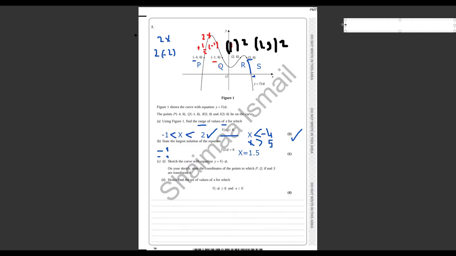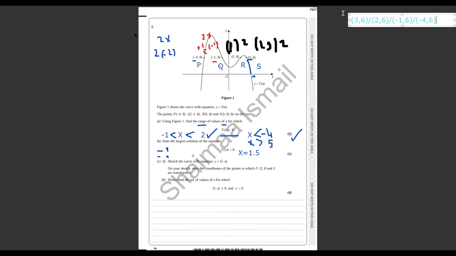Here we have the coordinates: the first one is 3 and 6, and the second is 2 and 6, and the fourth, negative 1 and 6, and the last one here is negative 4 and 6.